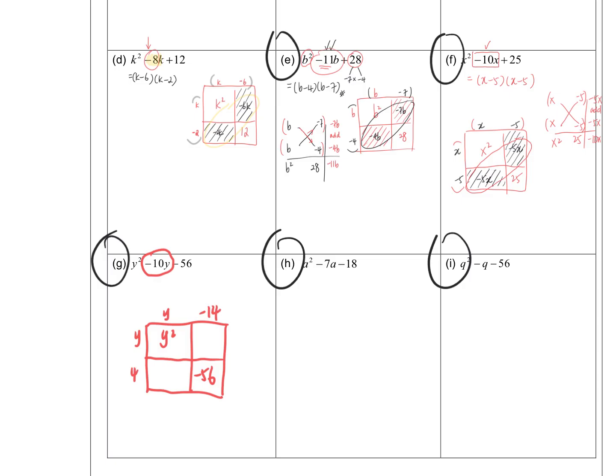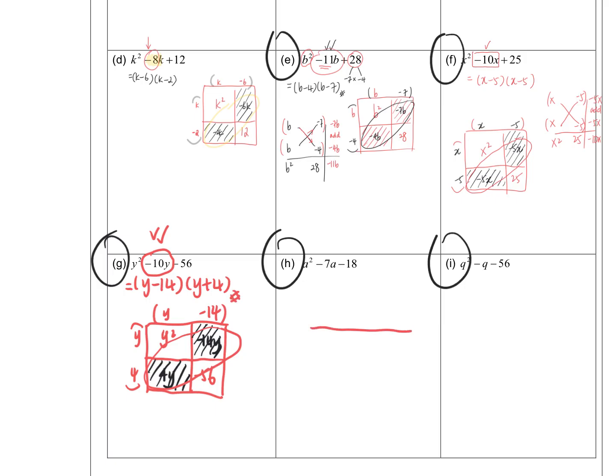So 4 times minus 14 gives me minus 56. So I check this piece for the area is minus 14y, this piece for the area is 4y, and if I add them up, it indeed gives me minus 10y. So my two answers are y minus 14 and y plus 4.